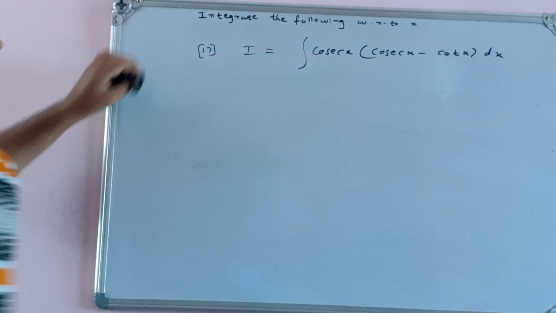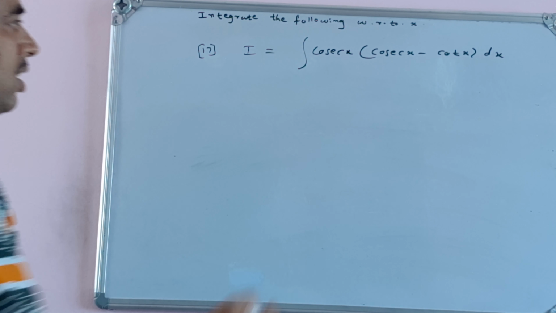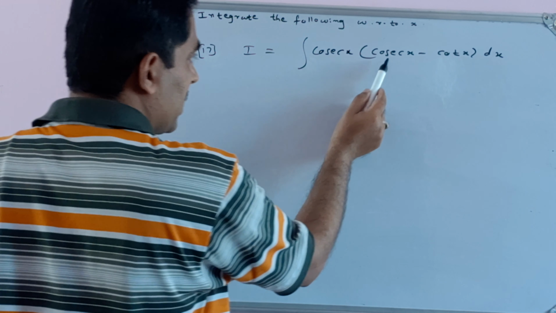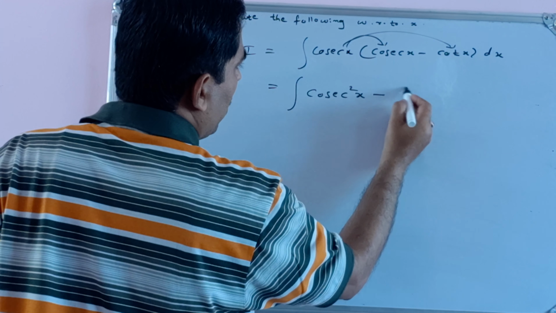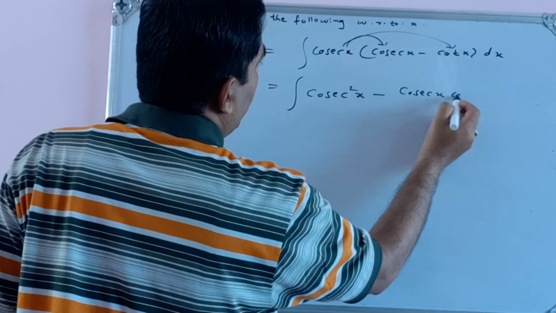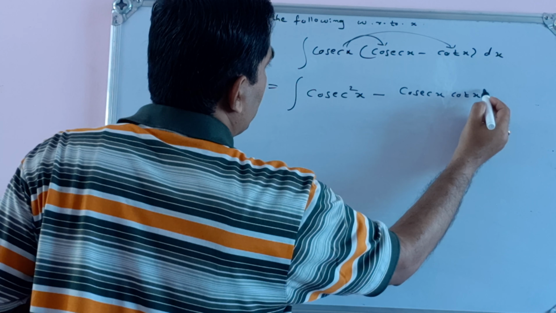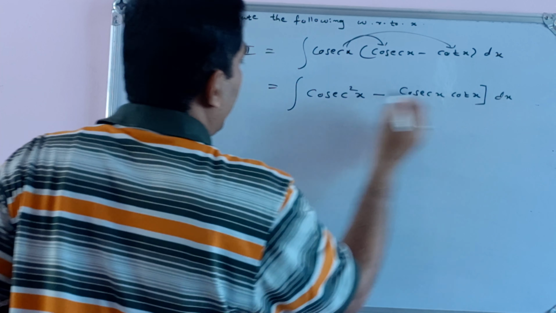Let us equate it to I because we want to find the integral. See, what is the term given here? Cosecant x into cosecant x minus cot x. Don't worry about the formulas now. Just multiply cosecant x into cosecant x. That becomes cosecant square x minus cosecant x into cot x, with respect to x.